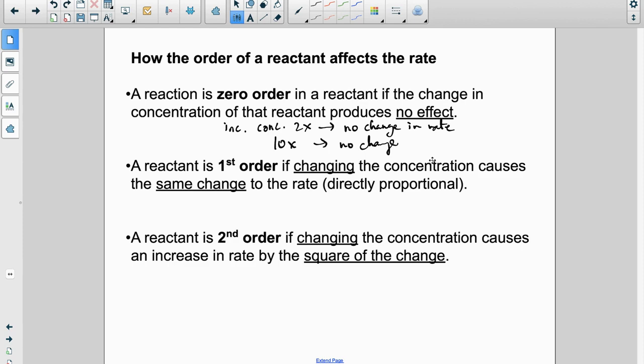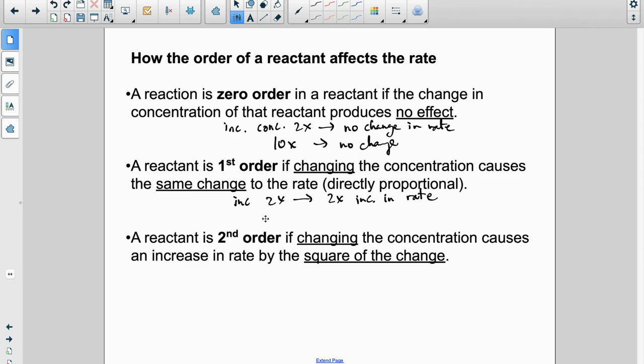A reactant is first order if changing the concentration causes the same change to the rate. It's directly proportional. So if you increase concentration 2 times, you will get a 2 times increase in the rate.